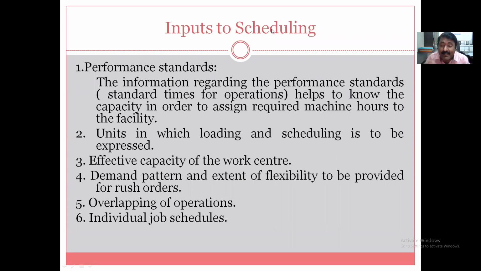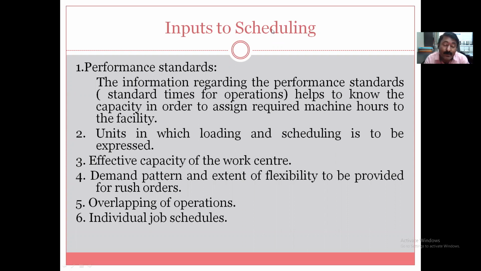The extent of flexibility, if any emergency order is there, then can we meet? Or if any order is in rush, for example, that 350 products are required at the end of the month, but the market situation is such that the jobs are required at the mid of the month only. So again, a rush will be there.